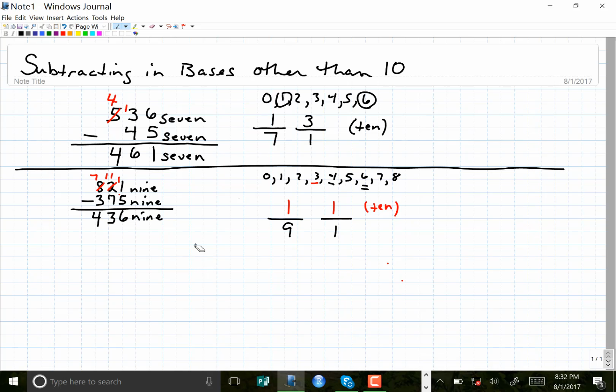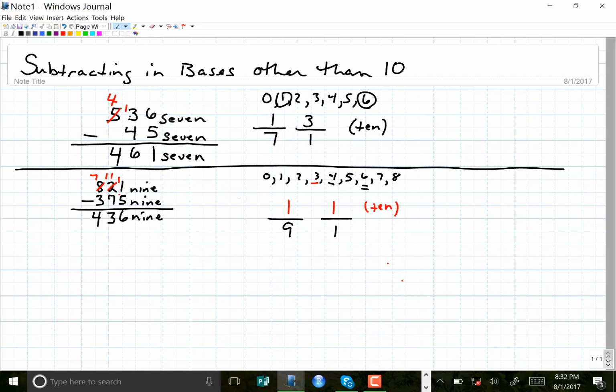So again, the key is to remember that you can think in base 10, but you have to write in whichever base you're adding or subtracting in. Here I can think in base 10, 6 minus 5 is 1, but I have to make sure that I write that number in base 7.